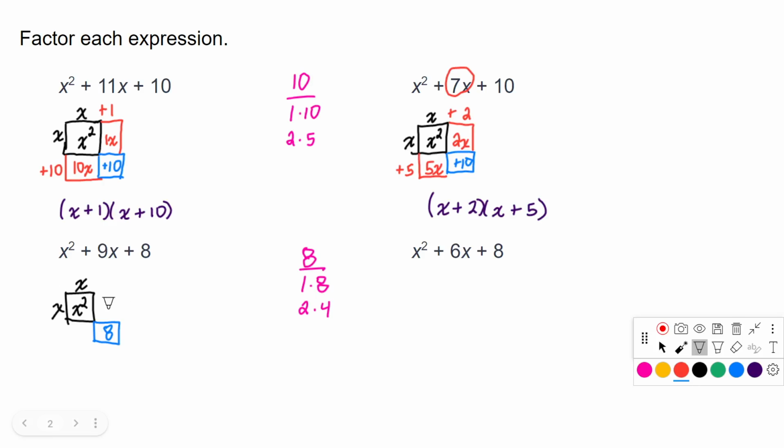We are looking for the factor pair that when added gives me 9. Well, that's going to be 1 and 8. 1x plus 8x will equal 9x. 1 times 8 will equal 8. So this factors as x plus 1 times x plus 8.